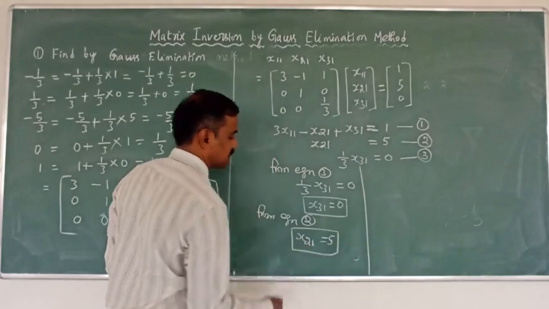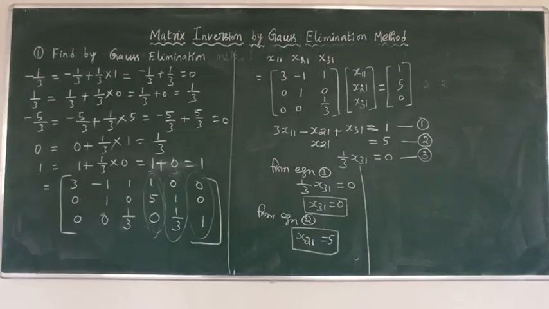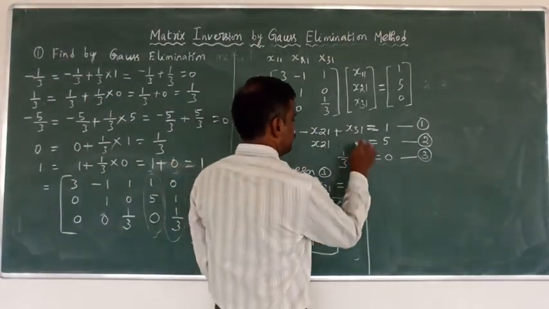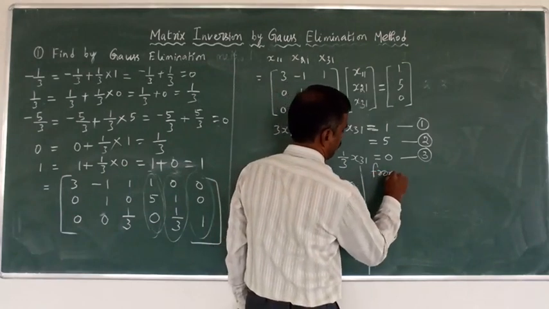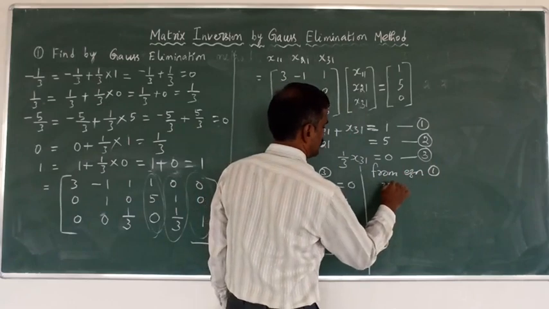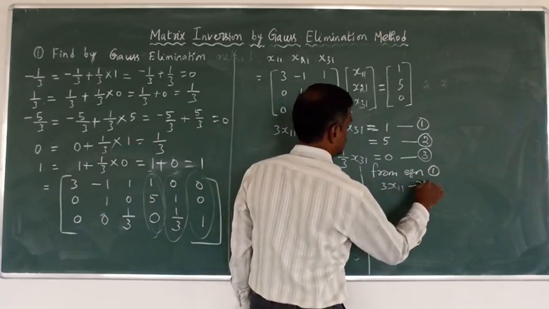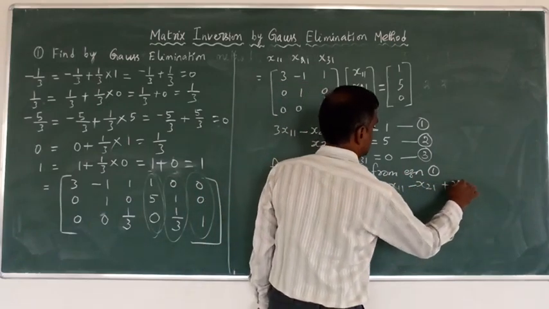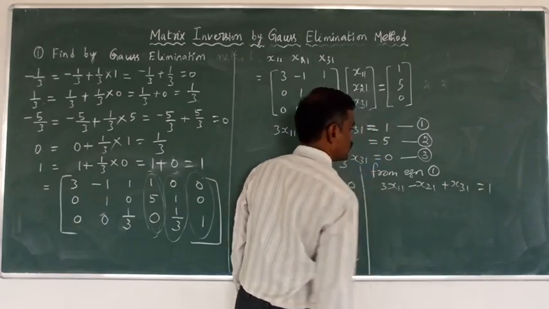This is directly given. Next, from equation 1, 3 x11 minus x21 plus x31 equal to 1.